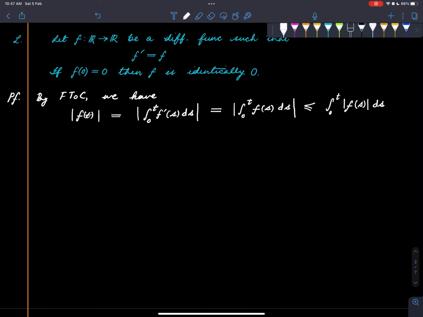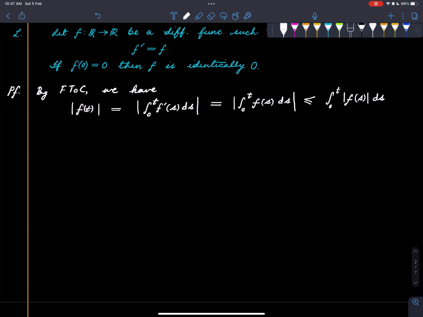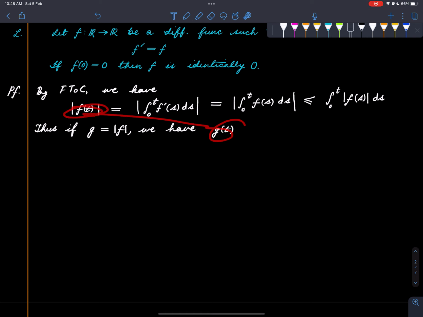So if we write g to mean the absolute value of f, we have that g(t) is at most the integral from 0 to t of g(s) ds.